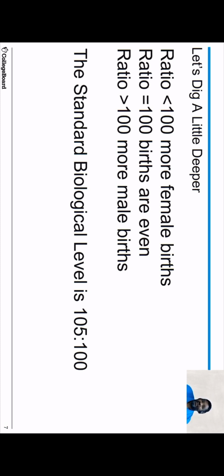If the ratio is at 100, that tells us that male births to female births are pretty much even. If they're greater than 100, that tells us that there are more male births, more male babies than there are female babies. Scientists tell us that the standard biological level is 105 male births to 100 female births. There is no consensus as to why that is the case, but it's pretty much consistent across the globe.